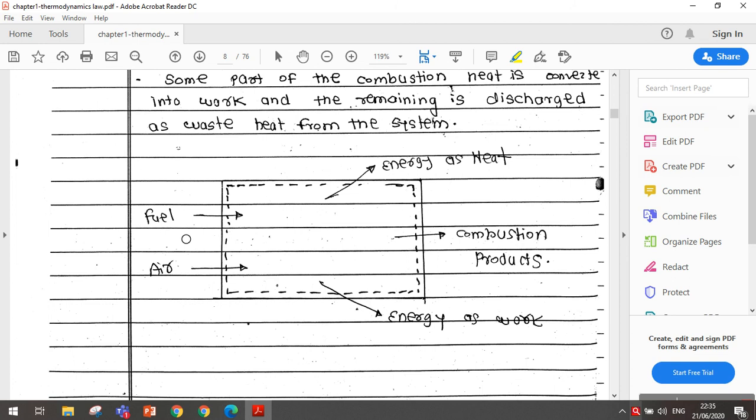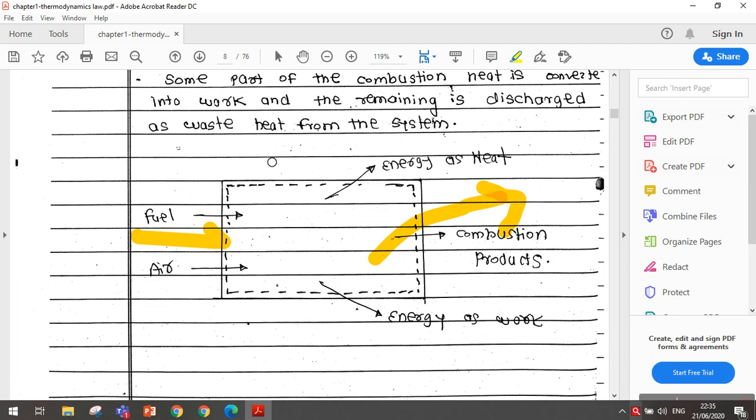Now tell me about the energy as fuel. Mass as fuel and air enters inside the chamber, and mass as combustion products is released at the exhaust stroke. So mass in, mass out. Now what about the energies?